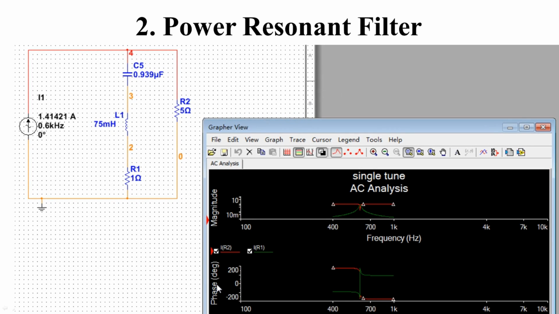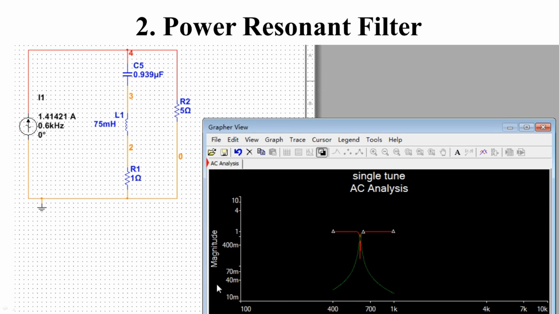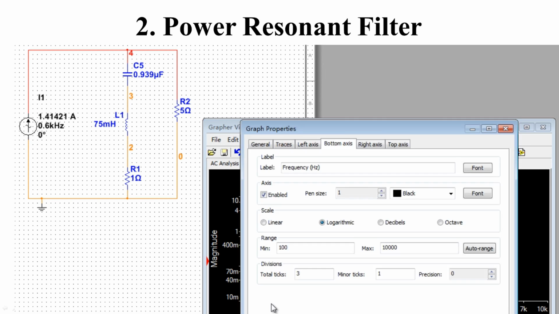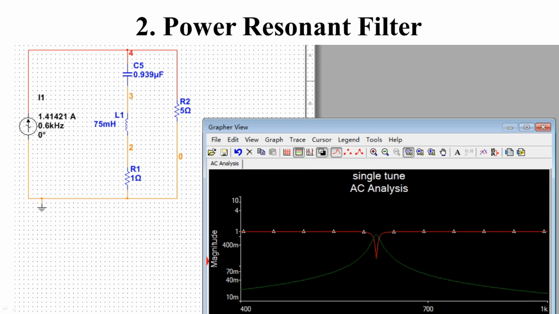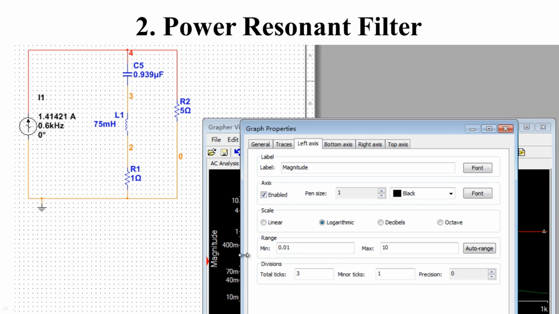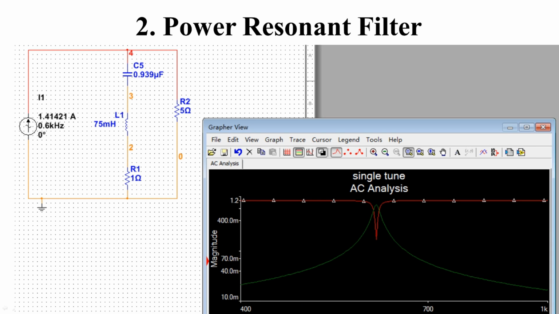Delete the phase frequency characteristic and change the range of the horizontal and vertical axes for better observation. The green curve represents the current through the filter branch. The red curve represents the current through the load.